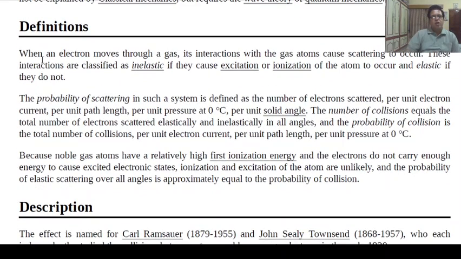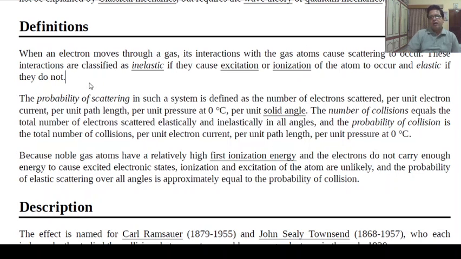Definition: when an electron moves through a gas, its interaction with the gas atoms causes scattering to occur. These interactions are classified as inelastic if they cause excitation or ionization of the atom, and elastic if they do not.